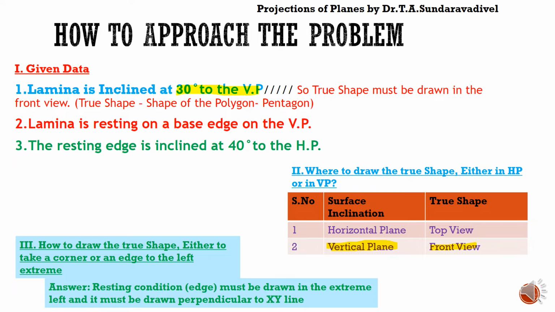This one is a simple table. This will work out for all the problems. So we can remember this table. When the surface is inclined to VP, we have to draw the true shape in the front view.